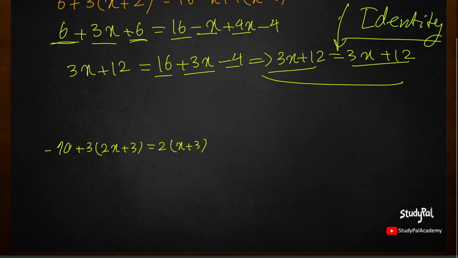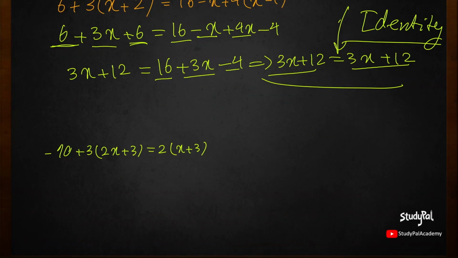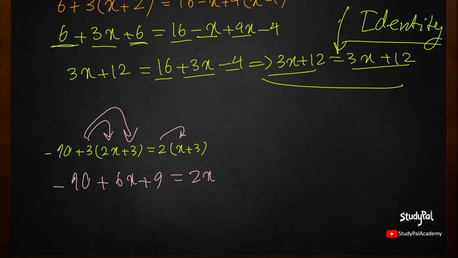Okay, so the next example is here. Let's work on it again. I have a minus 10 here plus 3 times 2x gives you 6x. This 3 times plus 3 equals plus 9. The right hand side you have 2x plus 6. Alright, let's simplify.